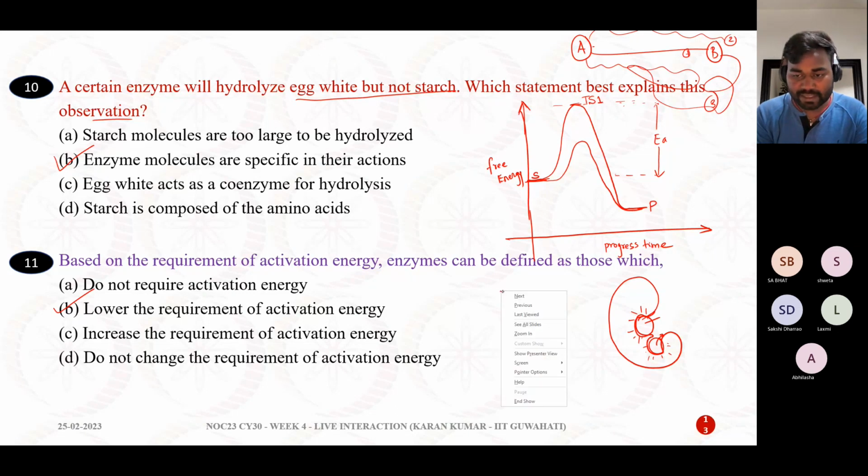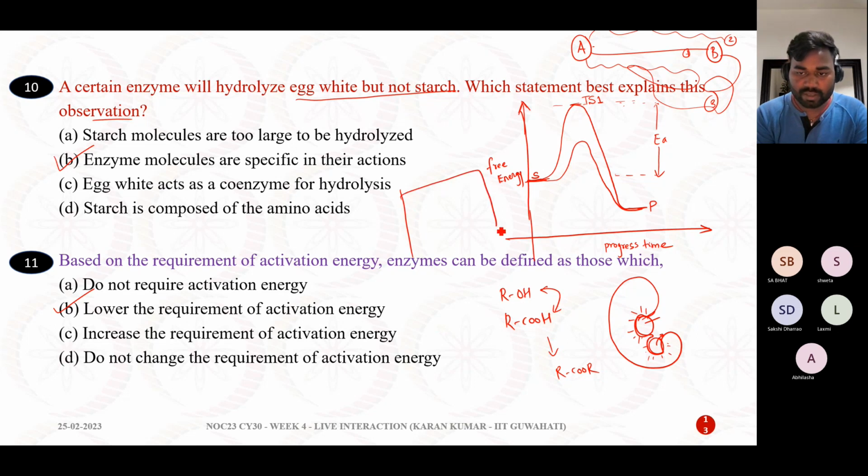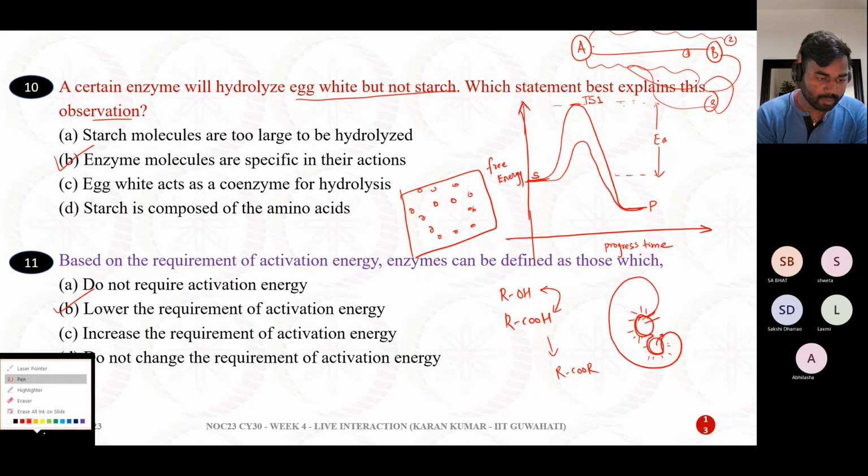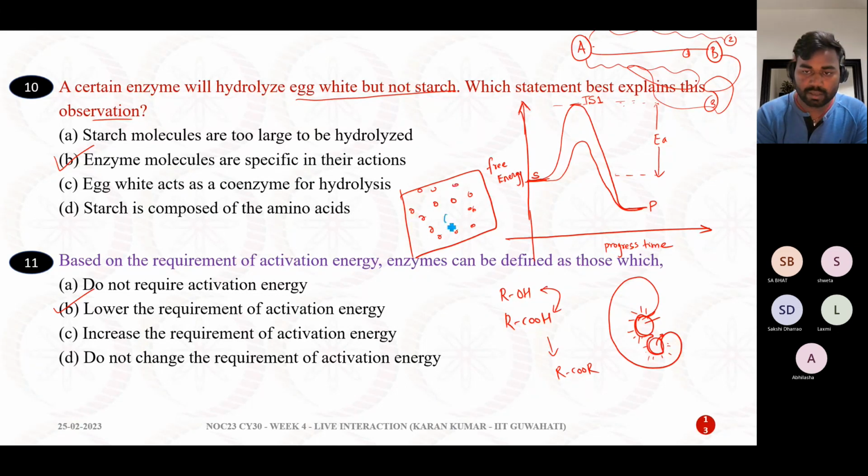If there are two reactants, let us assume alcohol ROH and RCOOH, these two need to collide effectively to produce an ester. Suppose you have a box, a chemical reaction system, where red represents alcohol molecules and blue represents carboxylic acid, randomly distributed.